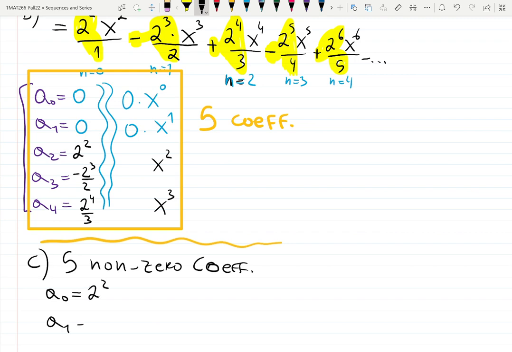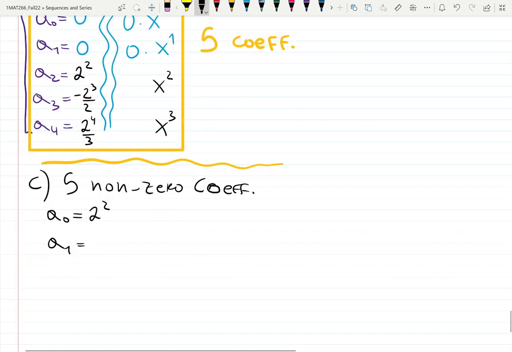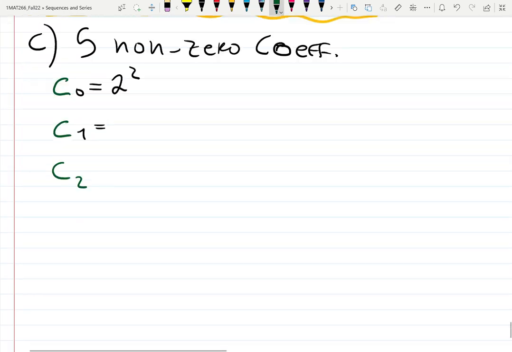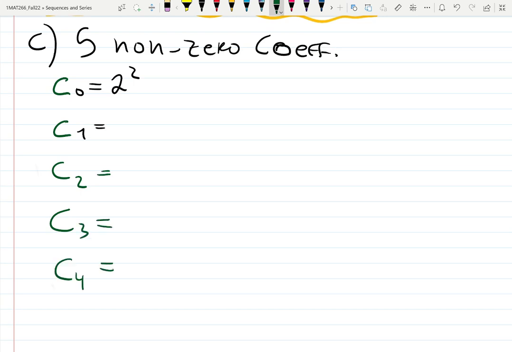In your homework, you can see they're renaming it to C, something else, to make sure you don't confuse it with the formula. They're renaming it C sub 0, C sub 1, C sub 2, C sub 3, C sub 4, because it's not the same a sub i we had for the previous one, which is very strict in the formula.